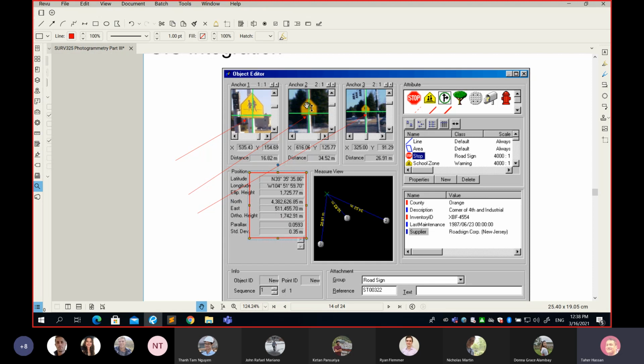How is this connected to surveying using a total station? Remember, do you remember descriptor or point description? I'm asking you, is there any way to make a mistake here while using photogrammetry? Is there a way, for example, to classify this school zone as a stop sign or a tree?